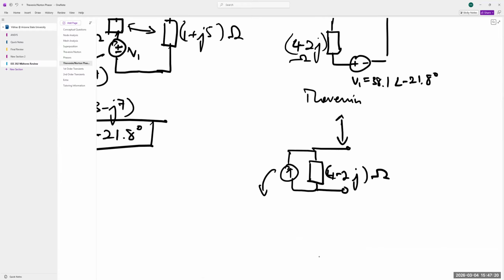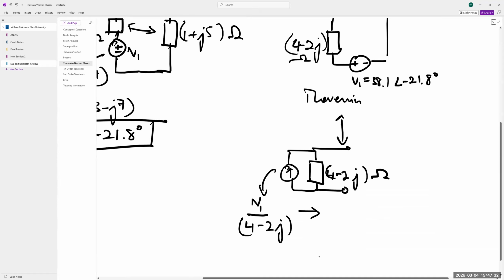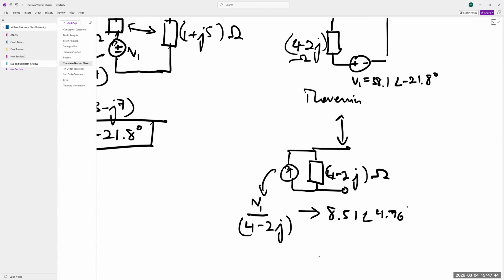This is going to have the value of V1 over 4 minus 2J, whatever that is. So if you plug that into a calculator, V1 is this 38.1 angle negative 21.8, right? You're going to get 8.51 angle 4.76 degrees in amps.